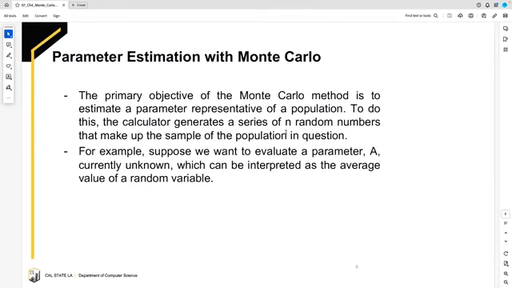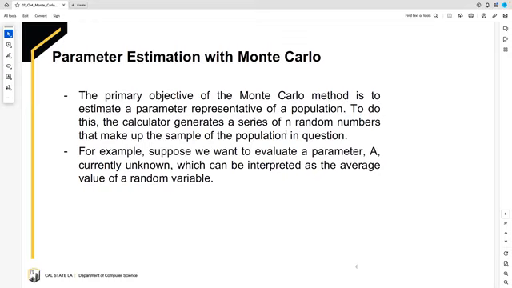So this is a very high-level description of what Monte Carlo does when we want to estimate parameters. As I mentioned earlier, the primary objective of the Monte Carlo method is to estimate a parameter representative of a population. To do so, the calculator generates a series of n random numbers that make up the sample of the population in question.